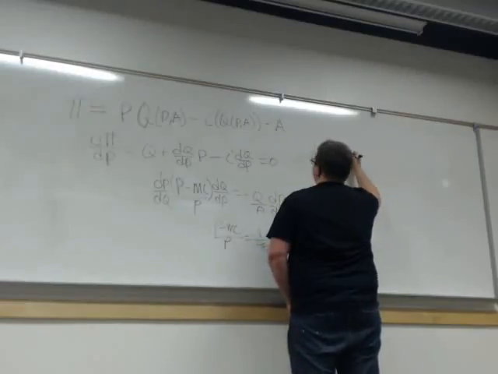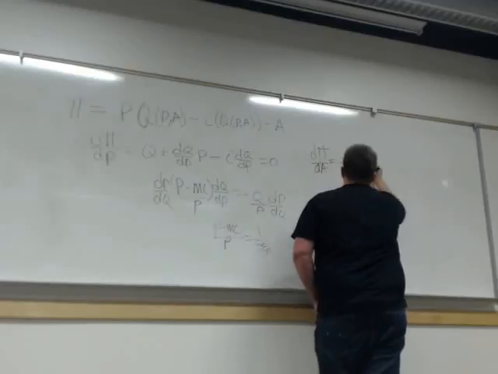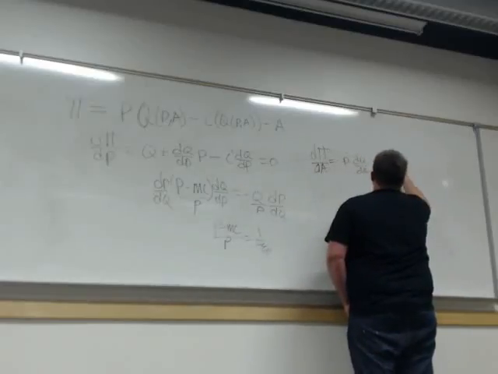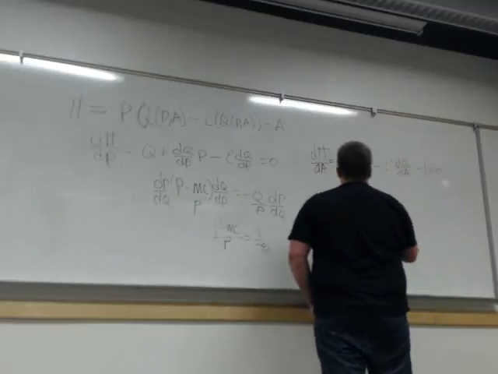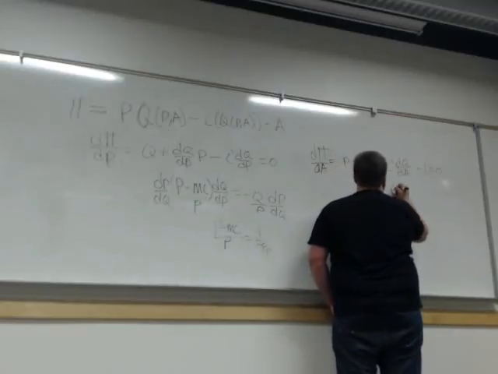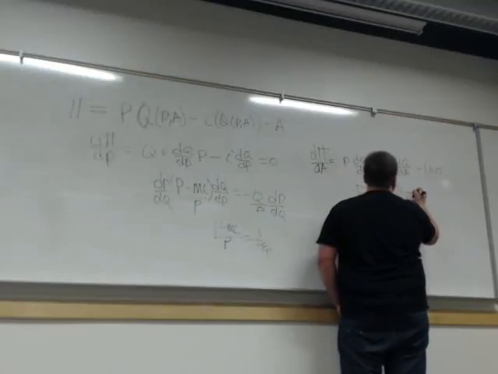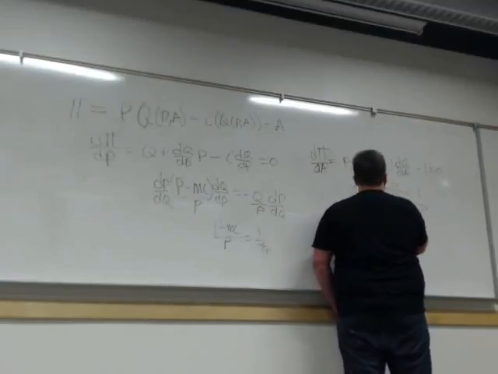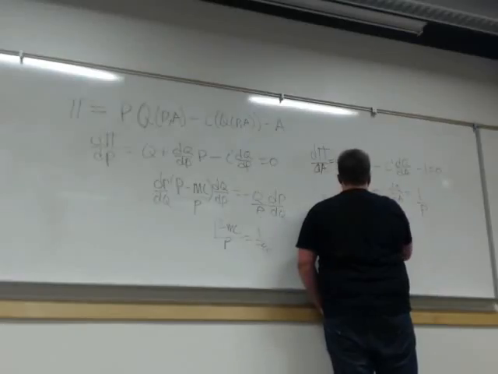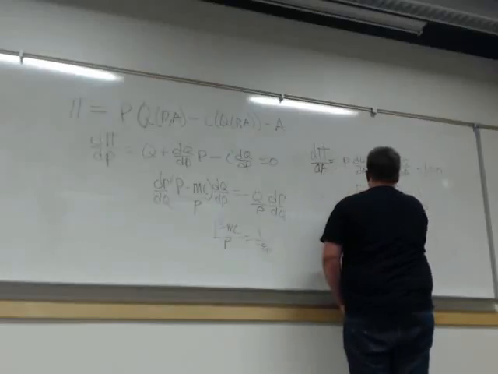And we'll get price minus marginal cost times dq/dA minus 1 equals 0. So that is 1 divided by p, multiplied by dA/dq.